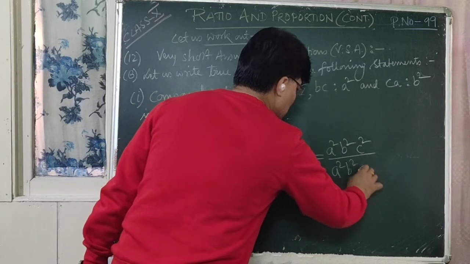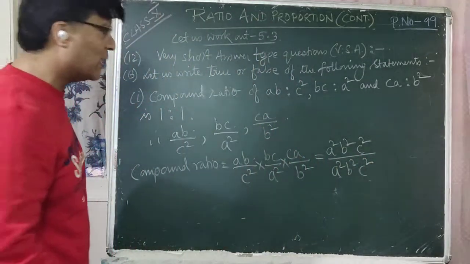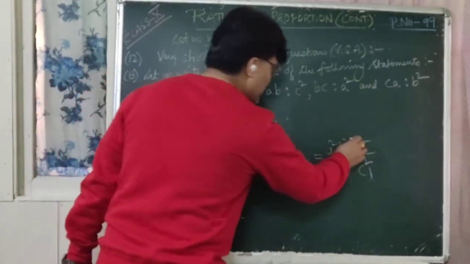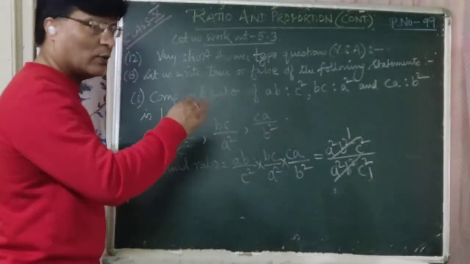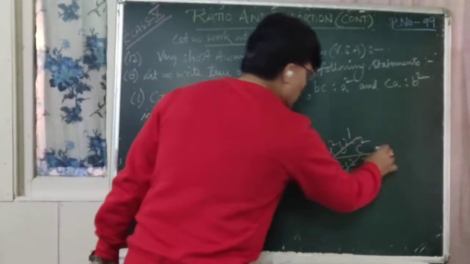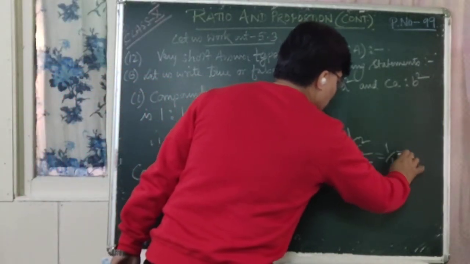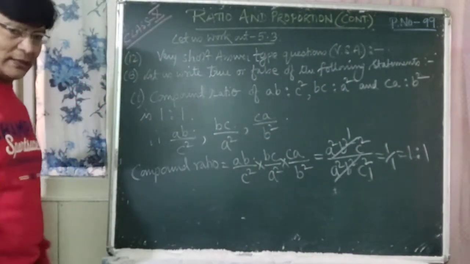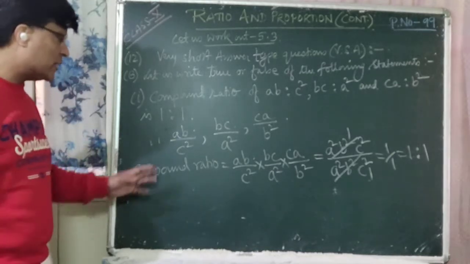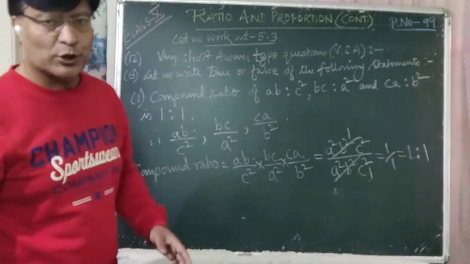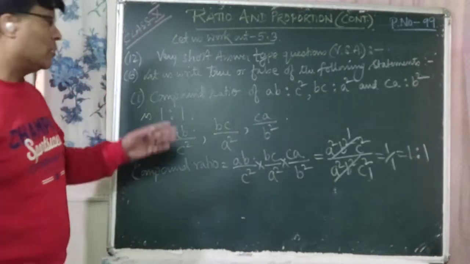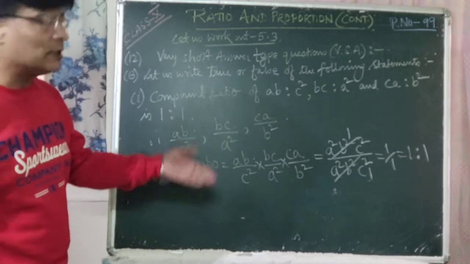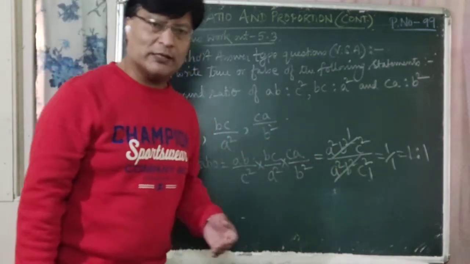Both numerator and denominator are A square, B square, C square, so they cancel, giving 1 upon 1, which in terms of ratio is 1:1. To get the compound ratio, first write the ratios as fractions and then multiply them. You will get the compound ratio as 1:1.